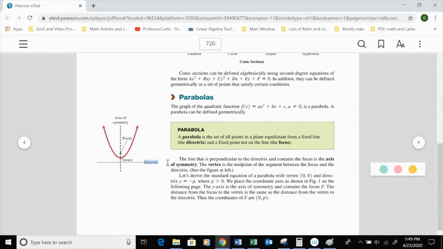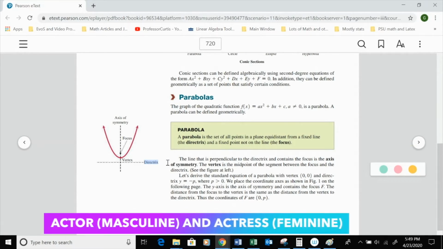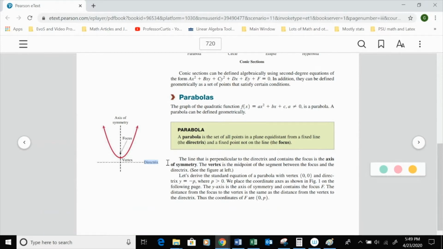Anyway, the Greeks and the Romans are doing all this math, and this word directrix, I want to talk about it because there's a way to remember what it means and what's going on. In English, we have people who are actors, and then we have people who are actresses. And the difference between an actor and an actress is that actors are traditionally men and actresses are traditionally women.